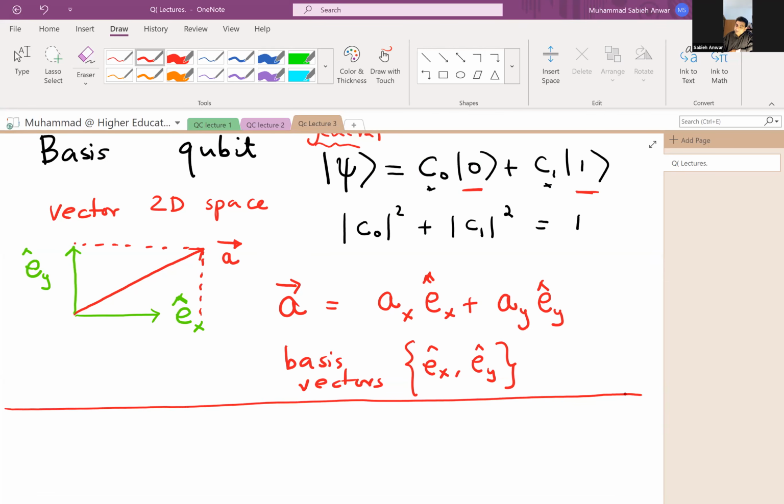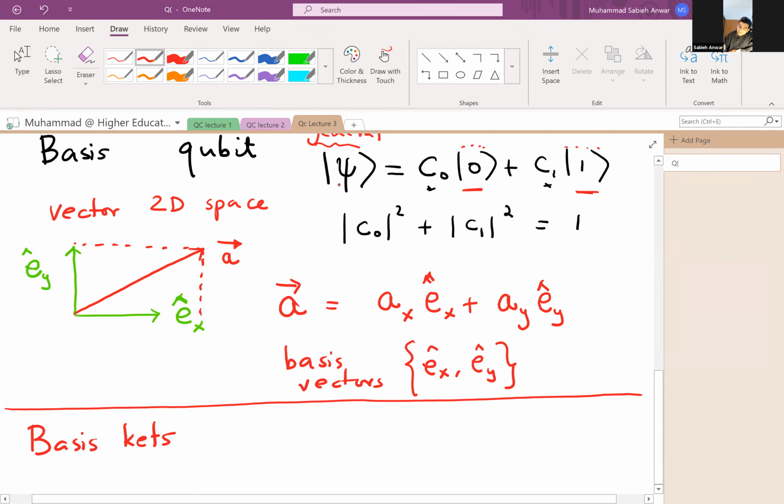So the same concept really carries over to the quantum state, in which ket 0 and ket 1 are basis kets. And this vector psi can be written as a superposition of basis kets with certain projections. The C0 and C1 are projections, and they are called probability amplitudes. And they're not probabilities themselves, because you need to take the modulus square to find out probabilities, but still they are in dimensional terms proportional to the square root of probabilities.